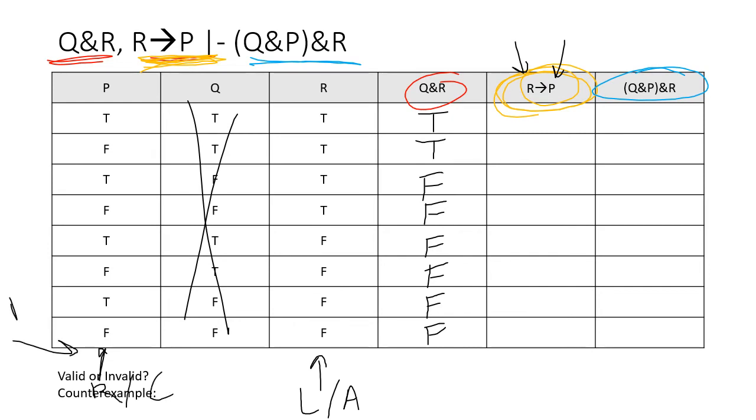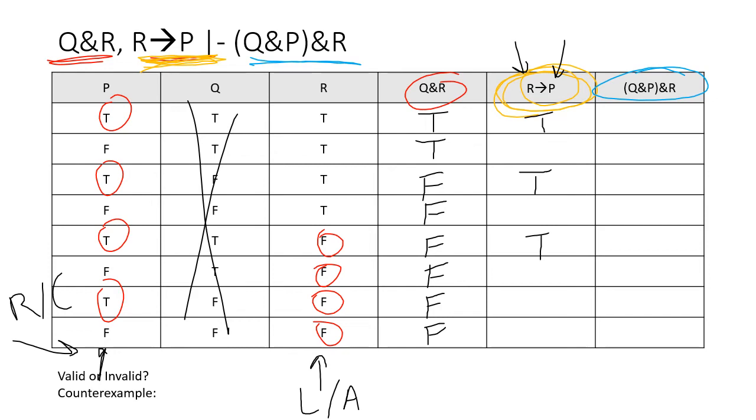So, an arrow is true where the left side is false, or the right side is true. So those are going to be these here. It's those.